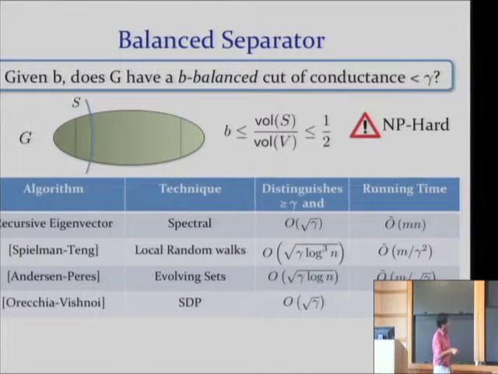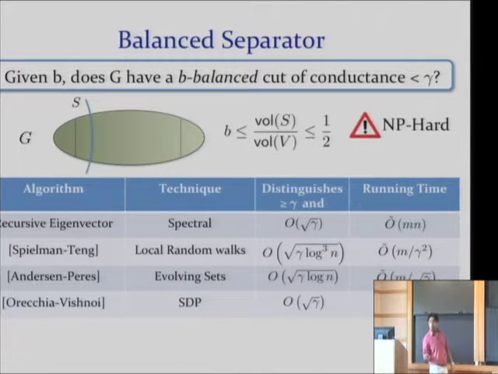They say that their running time is linear in the number of edges and inverse polynomial in gamma. Let me remind you, gamma is the conductance threshold that we are looking for, and gamma can be anything from 1 down to 1 over m. So m over gamma squared can actually be way more than linear.